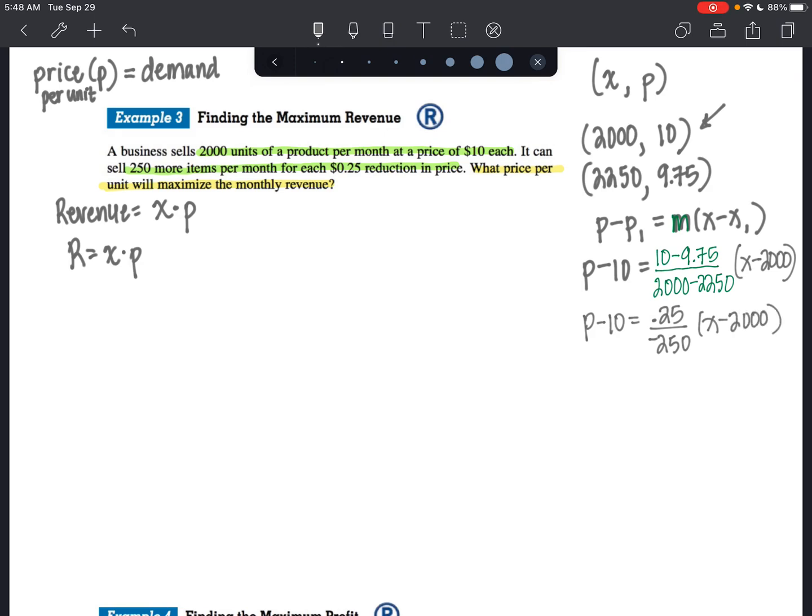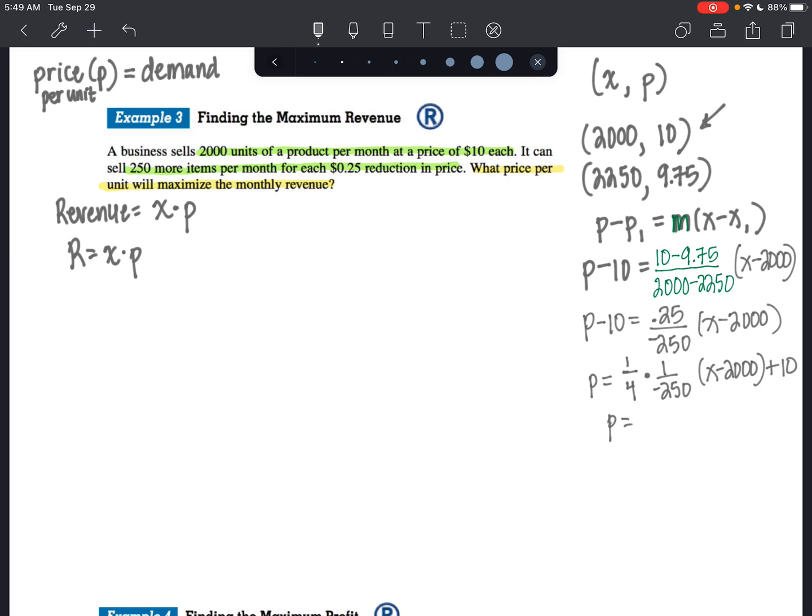Now I'm going to do some arithmetic here that I hope that you can follow. This is going to be the same thing as 1/4 times negative 1 over 250, because that's what 0.25 is, times x minus 2,000, and then I'm going to add that 10 from the other side of the equation.